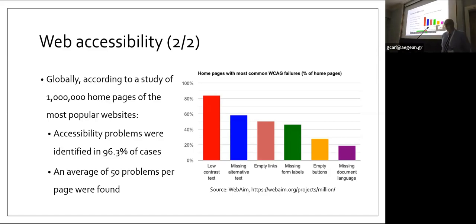A recent study earlier this year in 1 million homepages around the world highlighted that 96.3% are not accessible. In fact, nearly 50 million errors in those 1 million sites.